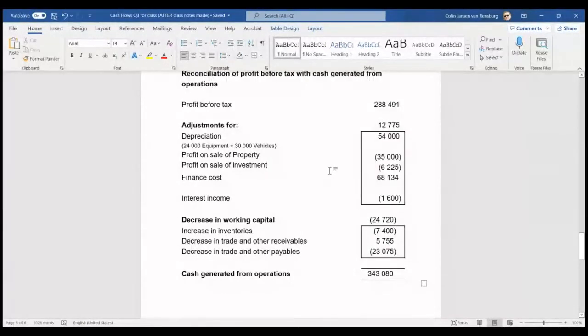Have we originally added it, or have we originally deducted the profit on sale of investment when we calculated our profit before tax? We added it. Thank you so much. We added it. So now if we want to take it out, if we want to go and eliminate it, do we have to add it again, or do we now have to subtract it or deduct it?